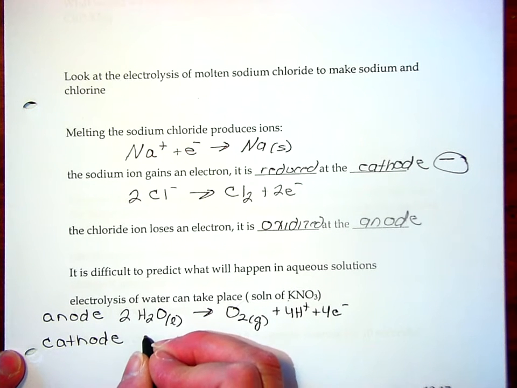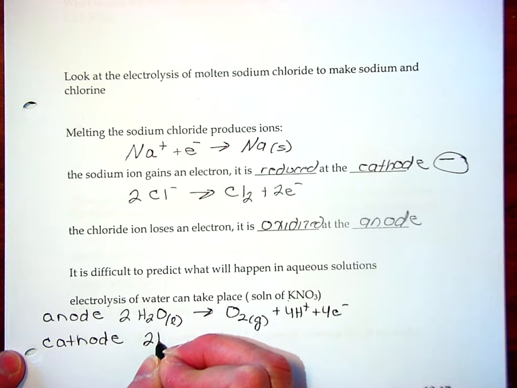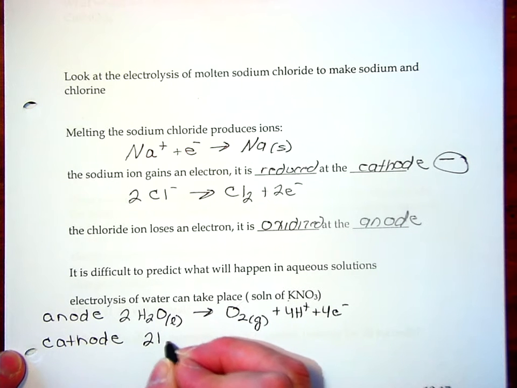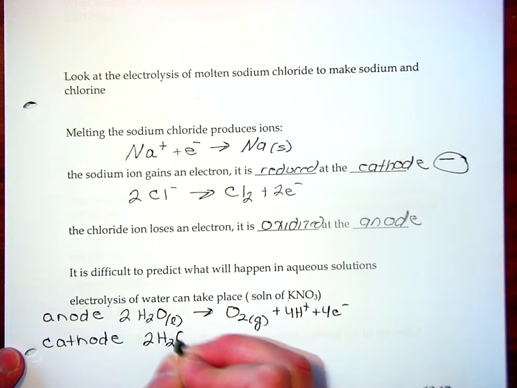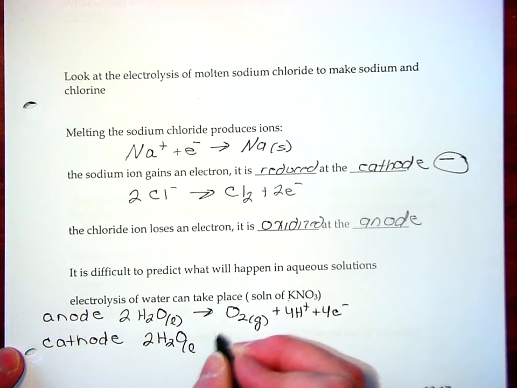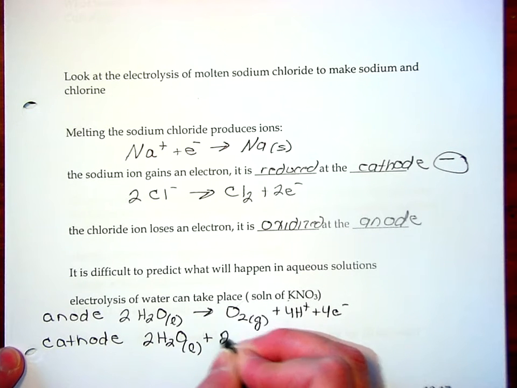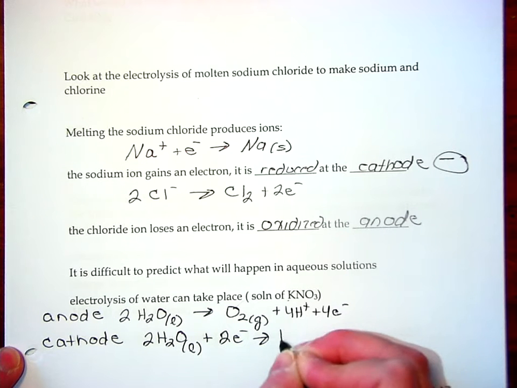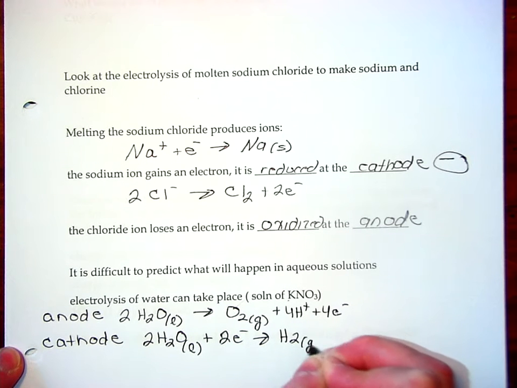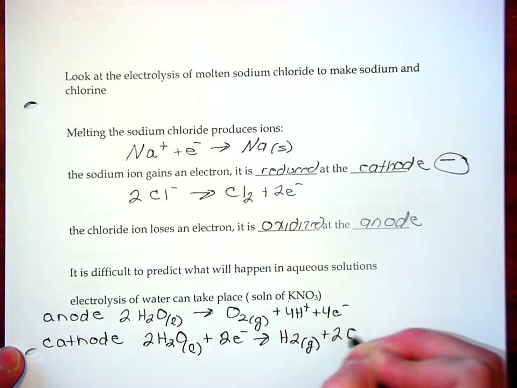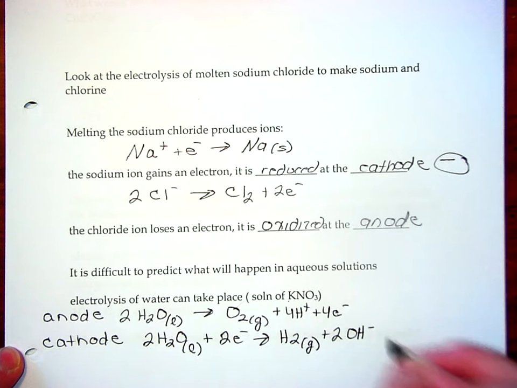We have two water liquid plus 2 electrons produces 1 mole of hydrogen gas plus 2 moles of hydroxide ions. So we're breaking down this water as we electrolyze it.